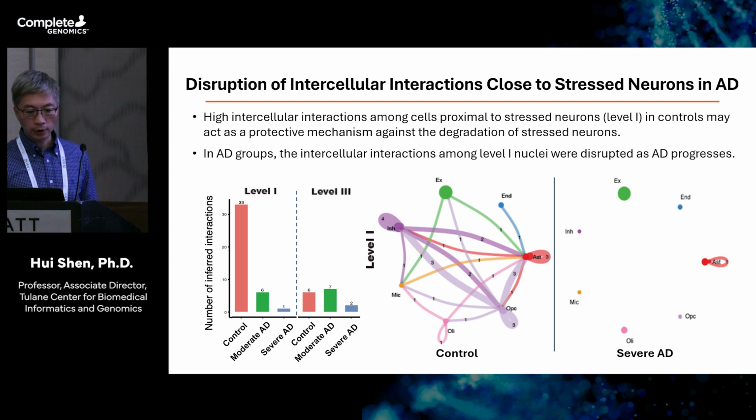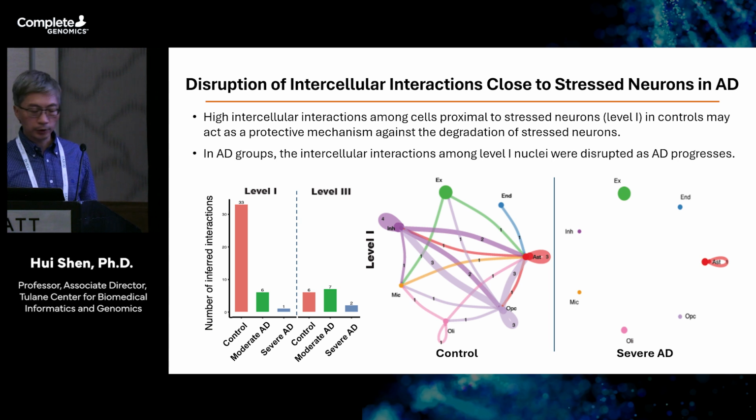In contrast, in the Alzheimer's disease group, in both the moderate and the severe AD group, their intercellular interaction is largely disrupted. Even in level 1, you see a significant decrease of the intercellular interaction between those different nucleus types. This right panel shows an example within level 1 in the control group and the severe AD group, the detailed interaction between different nucleus types.